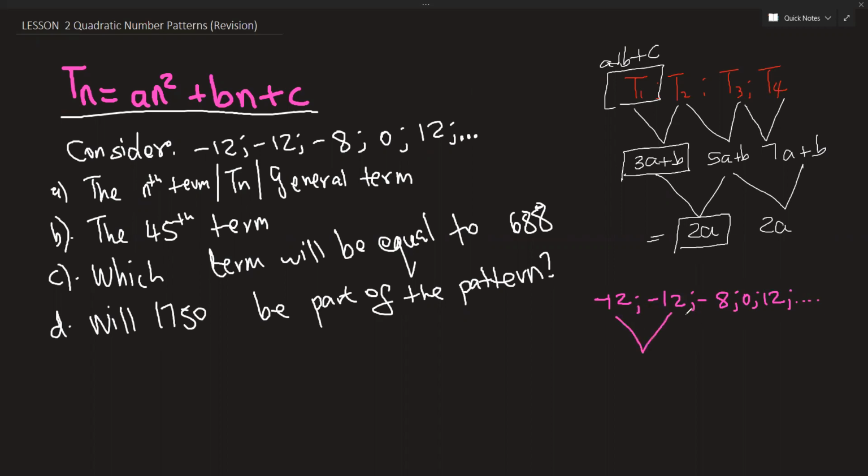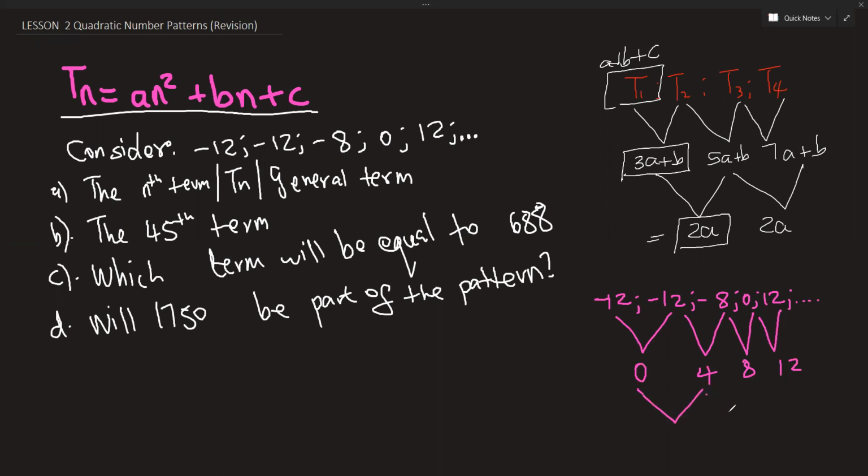I start by subtracting all the time, so that I can see which pattern this is. -12 minus -12 gives me 0, -8 minus -12 gives me 4, 0 minus -8 gives me 8, and this one gives me 12.